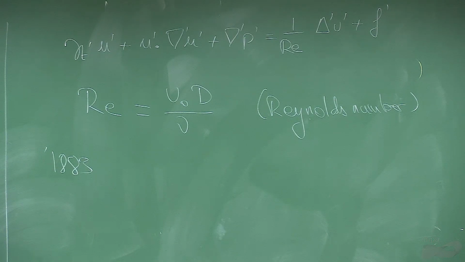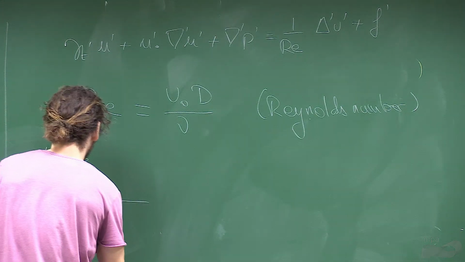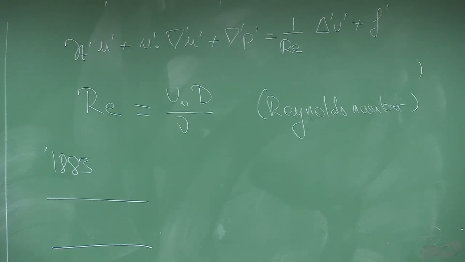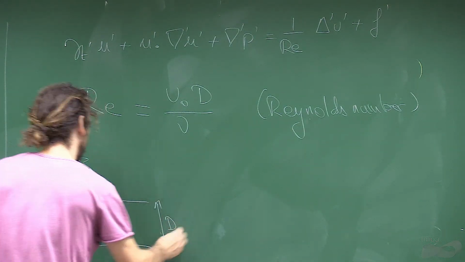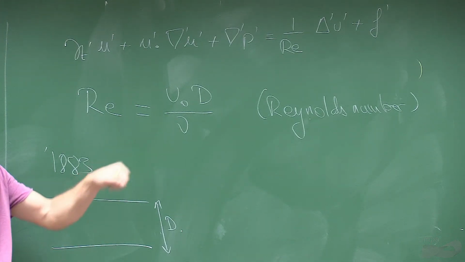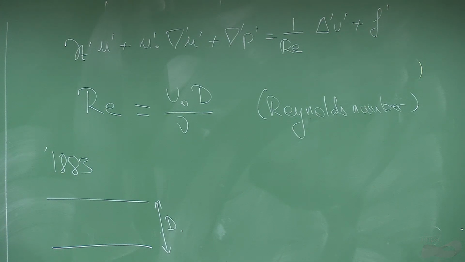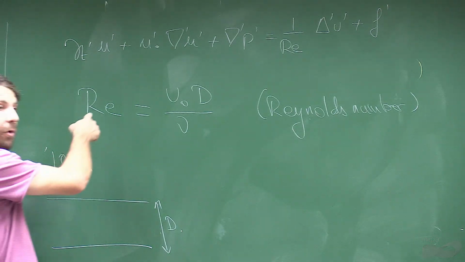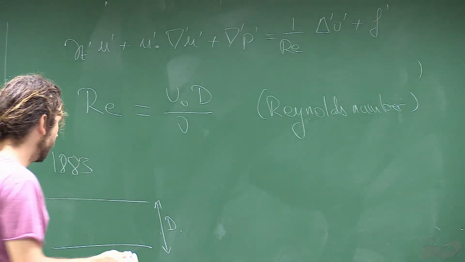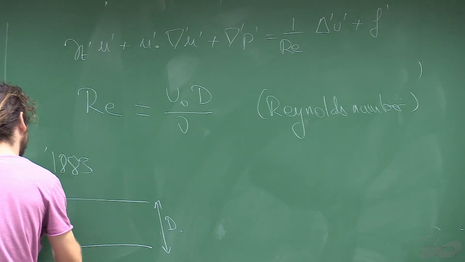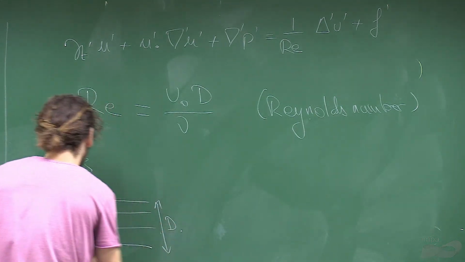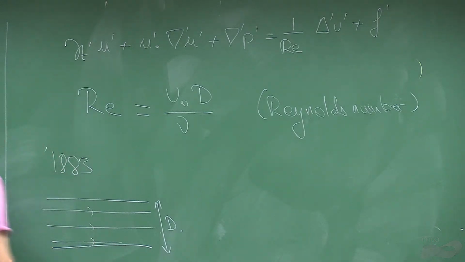It's an experiment that you have probably all heard of. It consists of flowing a fluid in a canal which has a diameter d. And what you observe essentially is that when the Reynolds number is very small, something of order 1, the streamlines of the fluid are straight.